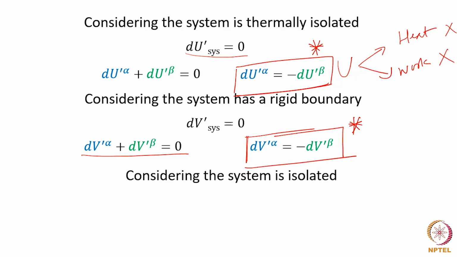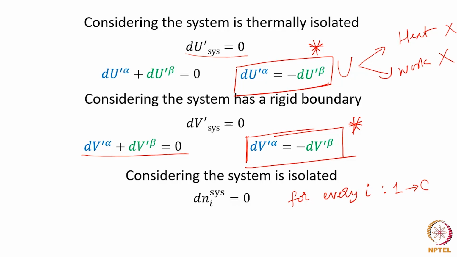And because the system is isolated, in other words, there are no atoms or species that are going to enter or leave the system, this equation is written for every i going from 1 to C, which means that for all the species, the number of moles of the species is going to be constant in the entire system.